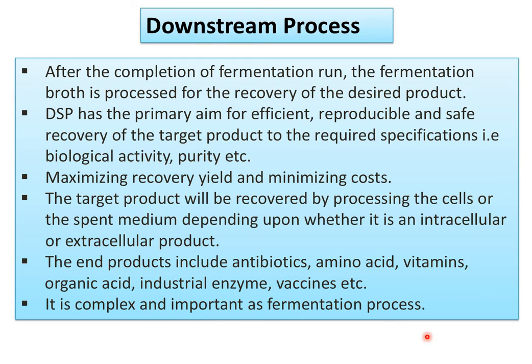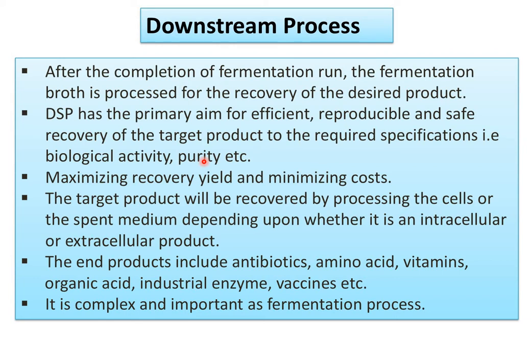So basically the main aim of the downstream processing is to provide an efficient, reproducible, and safe recovery of the target product to the required specifications, that is biological activity and purity, etc. It means the downstream process should be efficient, reproducible, and safe.